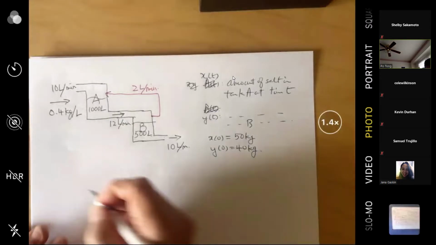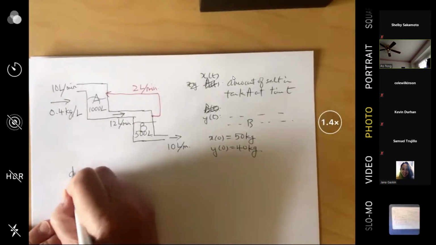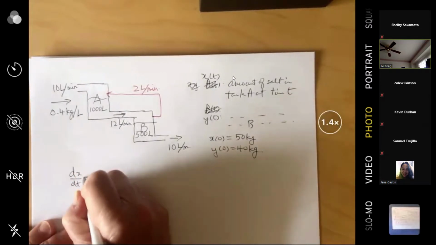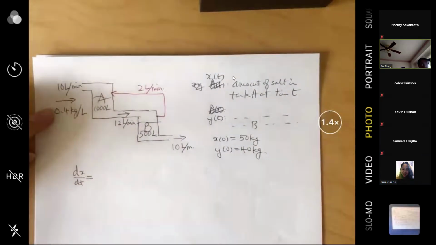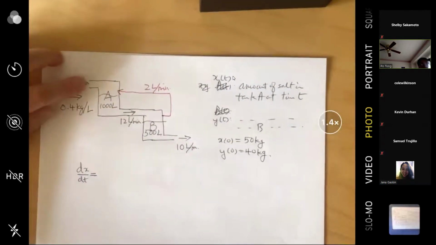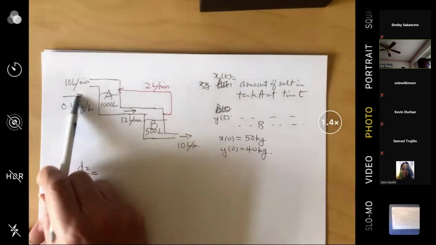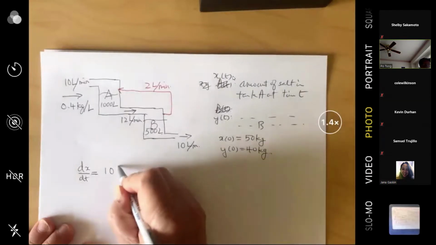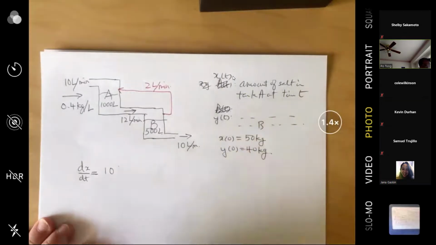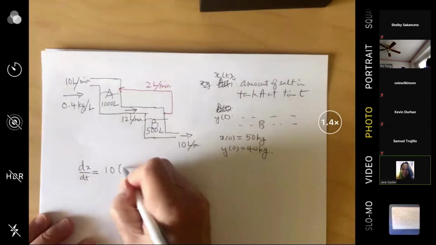Okay, let's set up the equation. So what will be dx/dt? Can you guys help me? It's the stuff coming in, subtract the stuff going out. The stuff coming in is this one here. How much is that? 10 times 0.4.